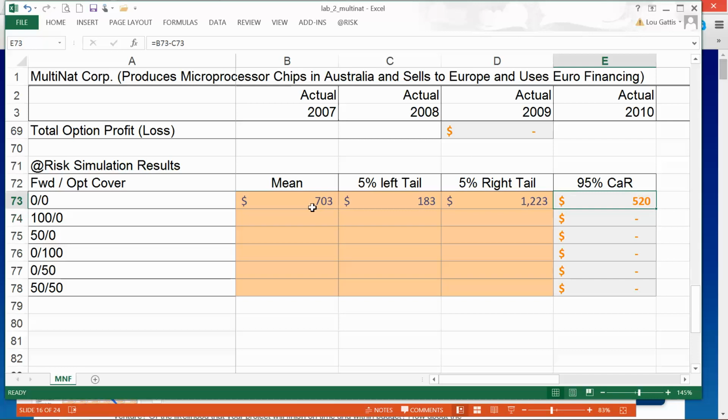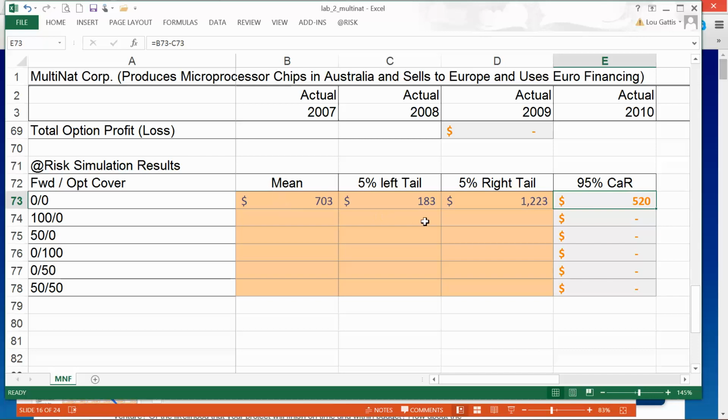You should be around 515 to 525,000, depending on when you run this. And if you didn't, try running it again. It should get pretty close to that value. So if I don't hedge, I have expected cash flow of 703, 5% worst case 183, which is 520 less than the mean value.